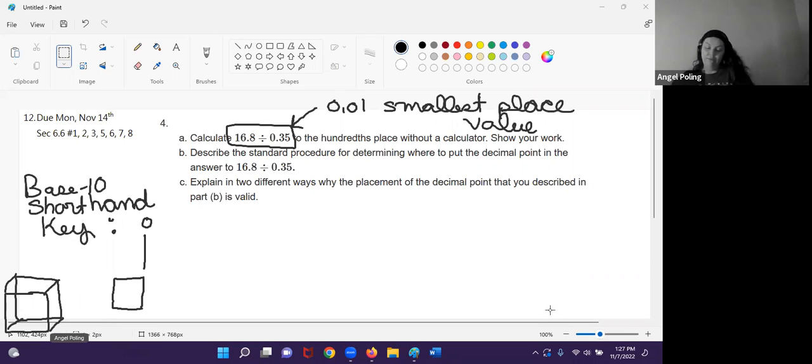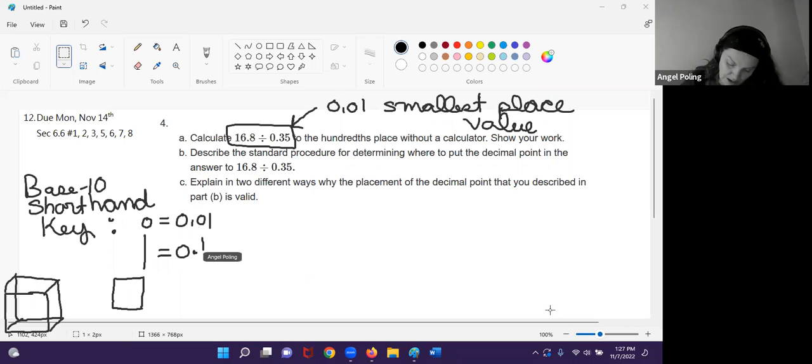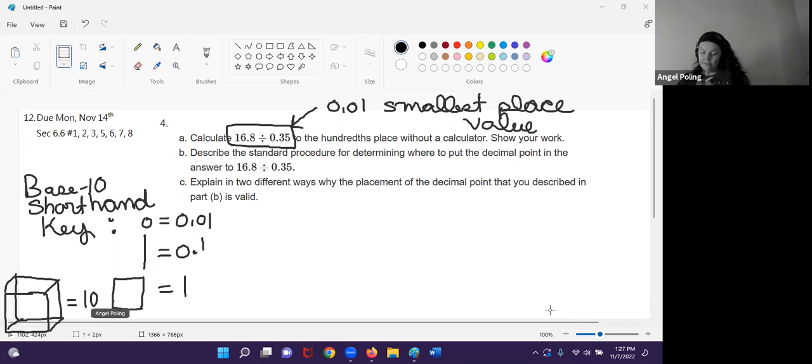And now we're going to fill it in. We've got the smallest place value as our unit. 10 of those is a rod. 10 of those is a flat. And 10 of those is a cube.